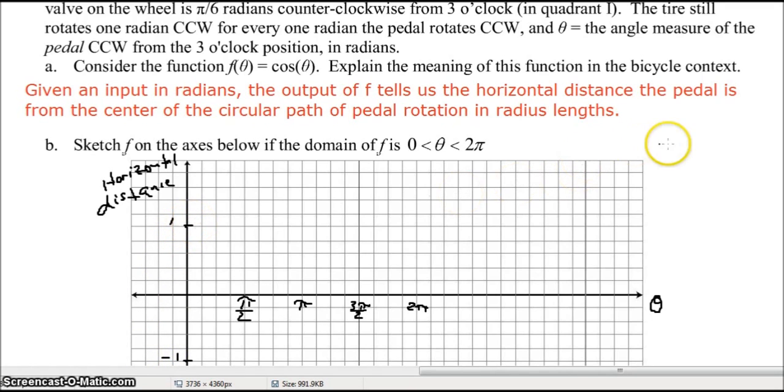When theta is 0, that means we're at the 3 o'clock position right here, and the horizontal distance from the center is 1 radius. When we go to pi over 2, the horizontal distance from the center is 0. We go to pi, the horizontal distance is -1. It's really the horizontal position. Then we go to 3 pi over 2, or 0 again, and then we go to 2 pi, we're back to 1.